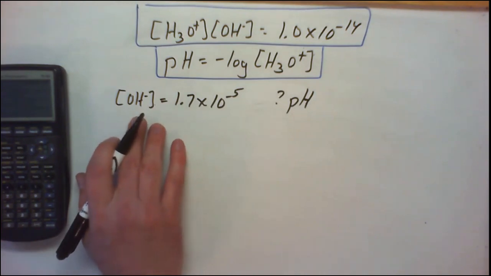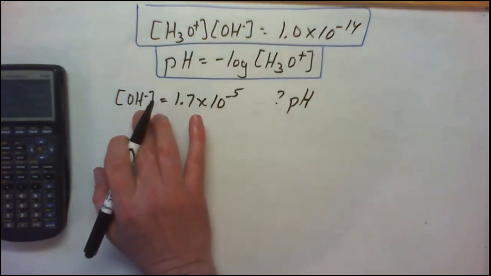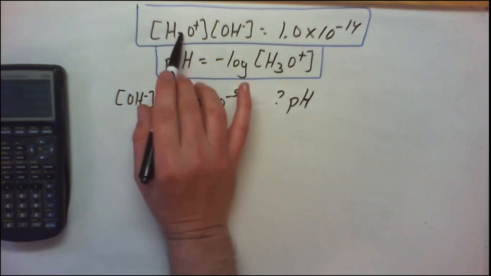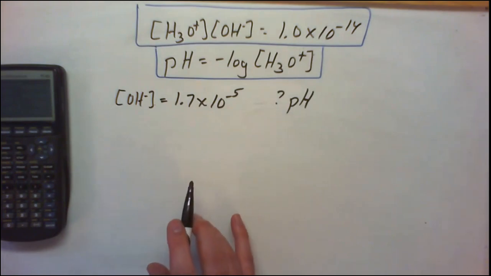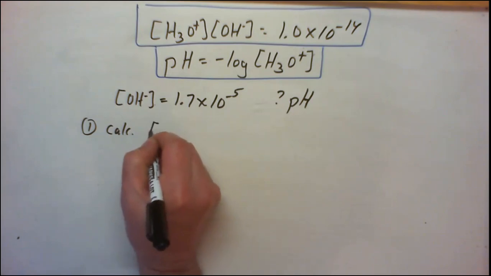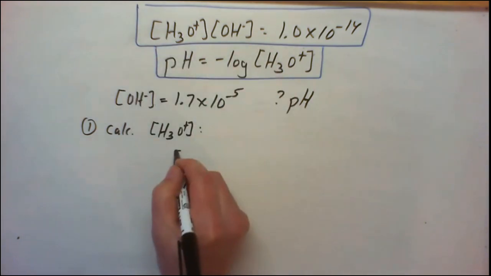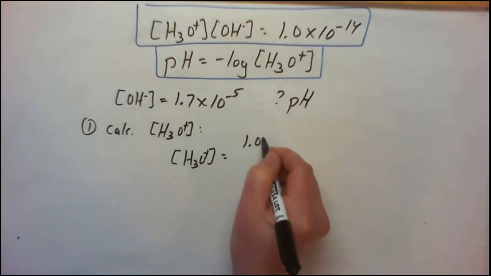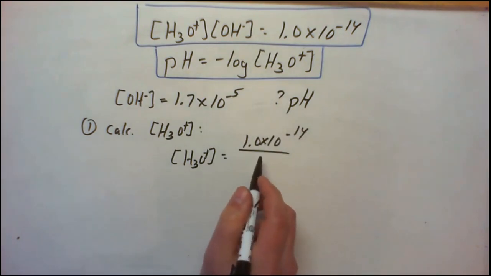But as we saw in the last lesson, if I know the hydroxide concentration, I can always calculate the hydronium concentration, because the hydronium concentration times the hydroxide concentration must equal 1 times 10 to the minus 14. So in the first step, I'm going to calculate the hydronium concentration using this equation. The hydronium concentration is equal to 1.0 times 10 to the minus 14 divided by the hydroxide concentration.